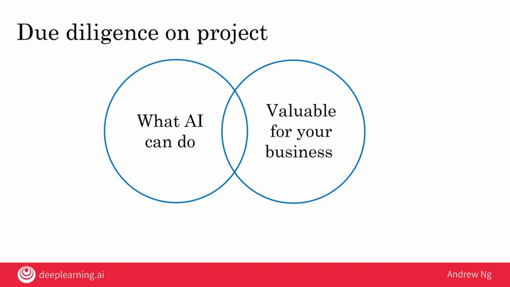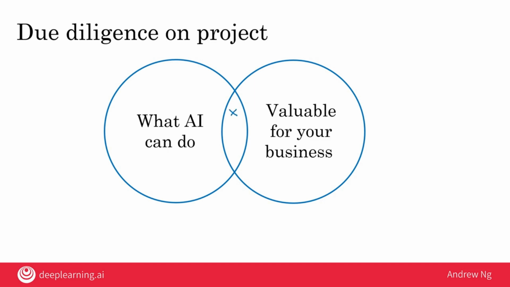Before committing to a big AI project, I will usually conduct due diligence on it. Due diligence has a specific meaning in the legal world, but informally, it just means that you want to spend some time to make sure what you hope is true really is true. You've already seen how the best AI projects are ones that are feasible, so is something that AI can do, as well as valuable.